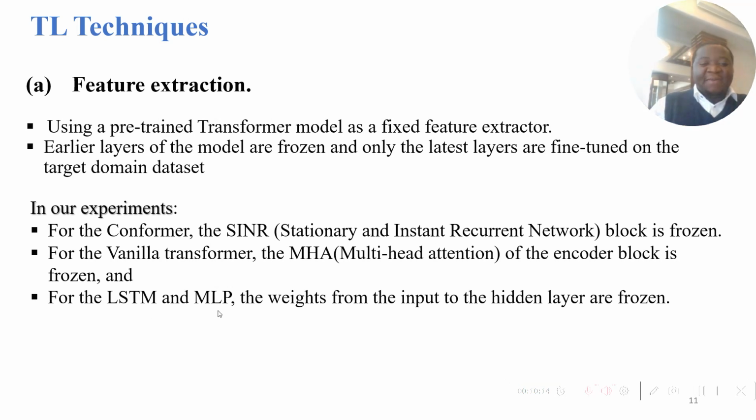However, for the LSTM and MLP, once again here we used shallow MLP and shallow LSTM, meaning with only one hidden layer. So the part that we froze is only the weights from the input to the hidden layer, okay, and the upper part from the hidden layer to the output layer, those weights could be learned again.